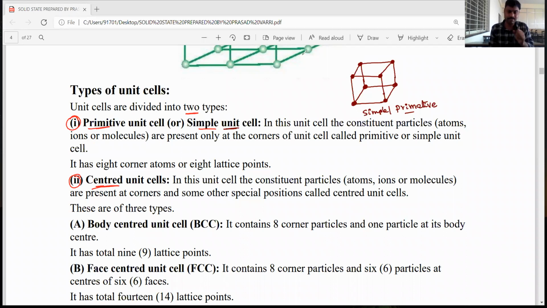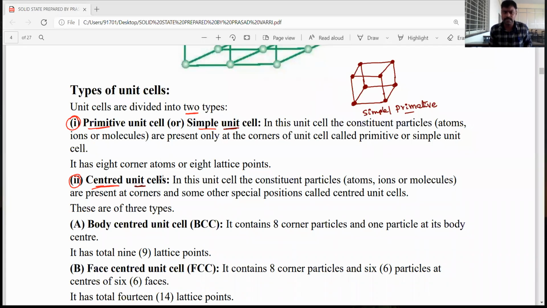Now, if the lattice points are not only present at corners but also in other parts of the unit cell, maybe at the center of the unit cell, face centers or edge centers, those are called centered unit cells.